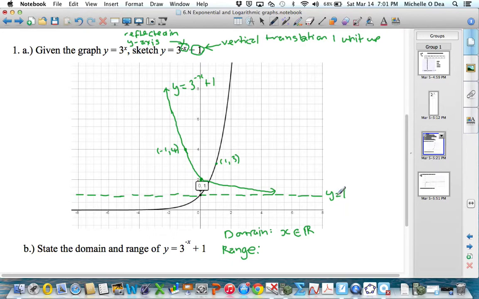That means it should have an equal sign. If you just write 1, that's not correct. It needs to be y equals 1. And so we know the whole idea of an asymptote is it gets closer and closer to the line but never touches it. So the smallest value that y will take on will be anything that's greater than 1. Remember, it doesn't touch it, so it won't be 1. But then it goes on infinitely in the positive y direction. So we know y has to be greater than 1.